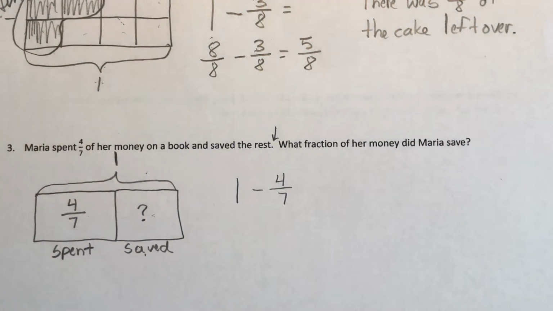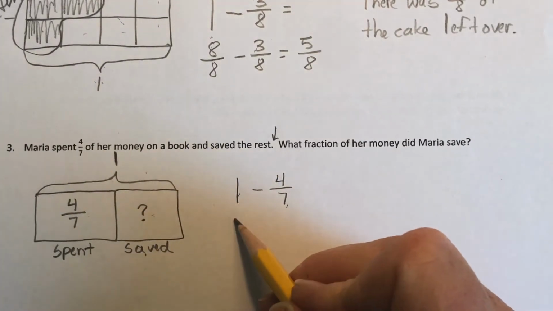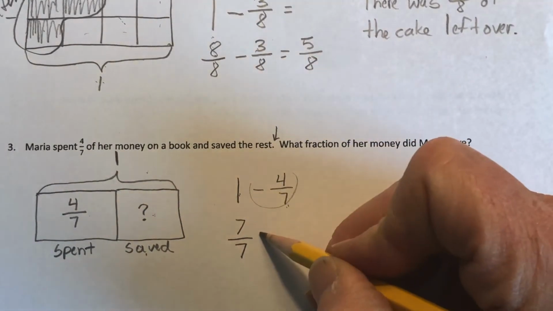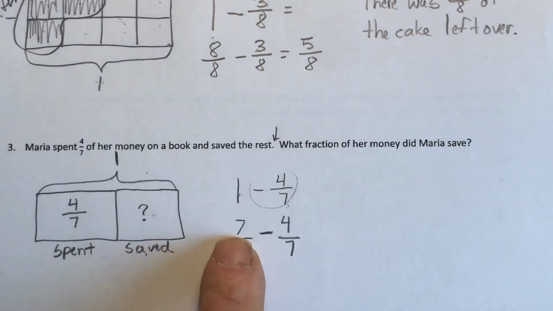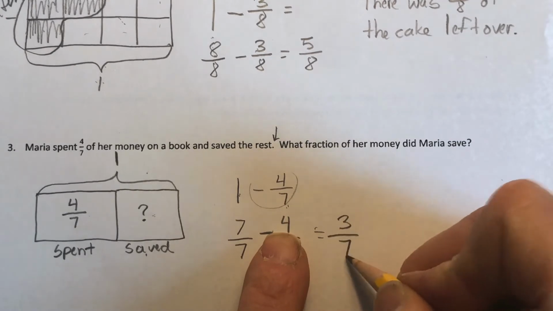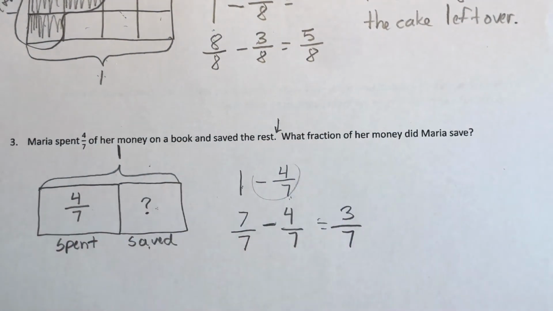But I don't know about you, but I need to change this 1 into a number that's got 7 as a denominator, because I need to be subtracting the same units. So I'm just going to change this 1 to 7/7. See that? Then I'm going to drop this down here and then subtract it. So I got 7 minus 4 equals 3/7, just like that. Okay? That's the amount she saved.